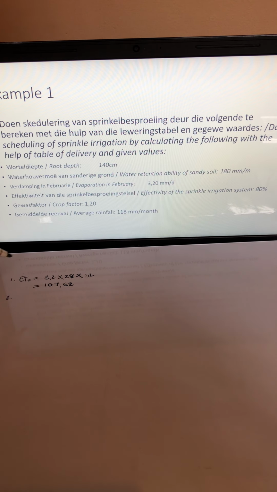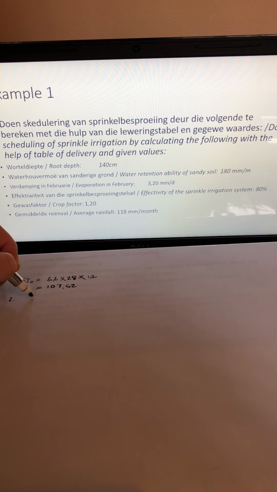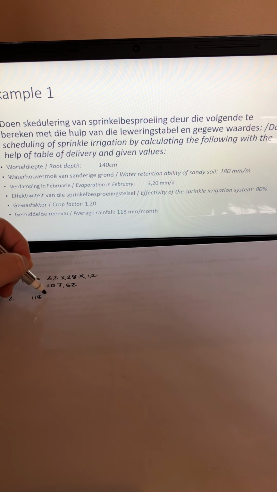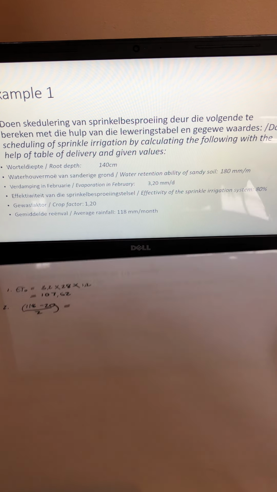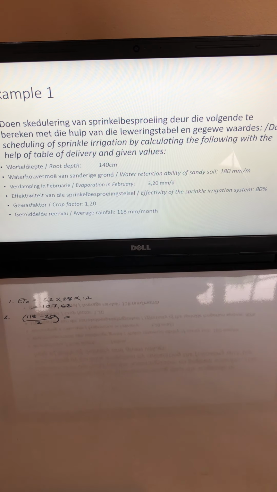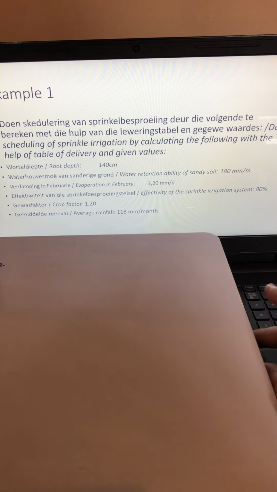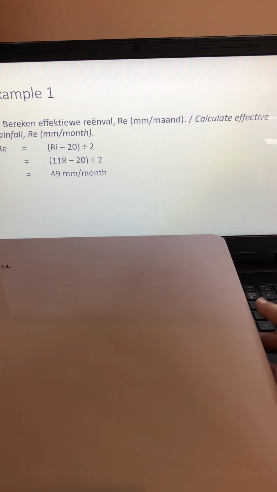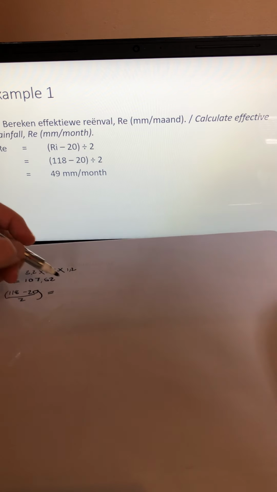It says that rainfall for the month was 118, and as the formula states, you minus 20, divide by 2, and that'll get you to 49 millimeters per month.